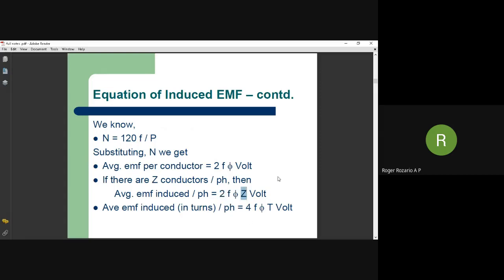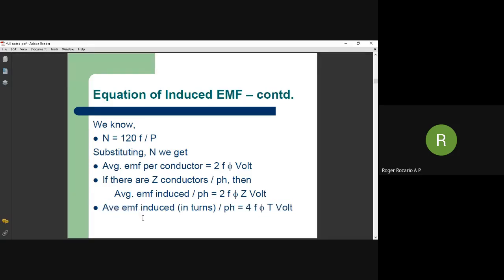We have already seen for one turn there are 2 conductors, so for Z conductors there will be 2T turns. So 2 into F into phi multiplied by 2T, you will get 4 F phi T. And this is the average induced EMF.